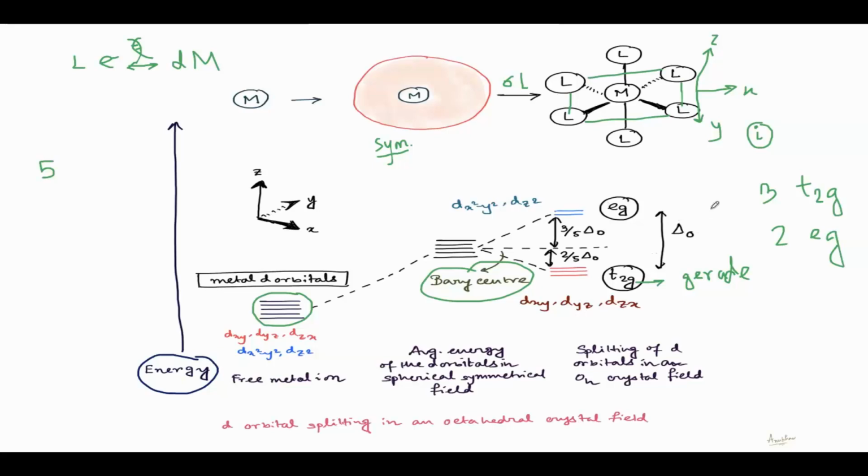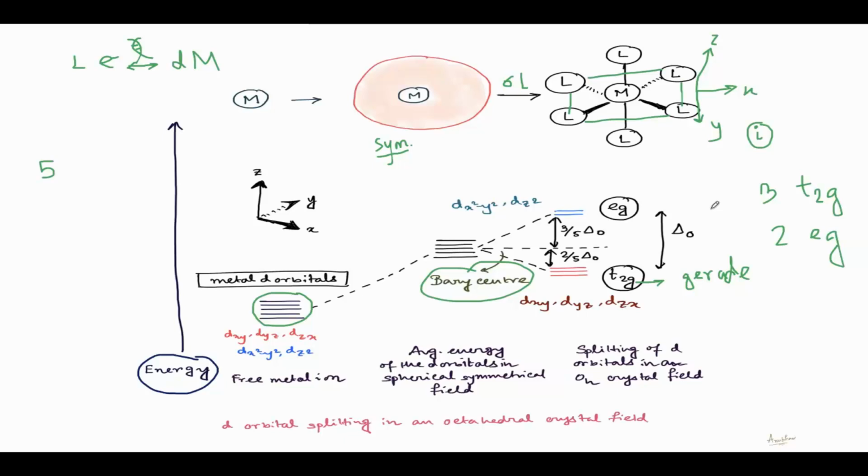Since we are talking about an octahedral complex, that's why it is termed as delta O. Now this delta O is nothing but the crystal field splitting energy. Since the degeneracy has been removed due to the ligand electron and the metal electron interactions or repulsions, we are having 3 T2g orbitals of lower energy and 2 eg orbitals of higher energy.